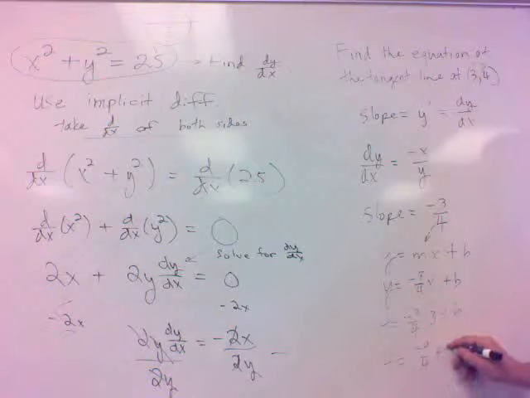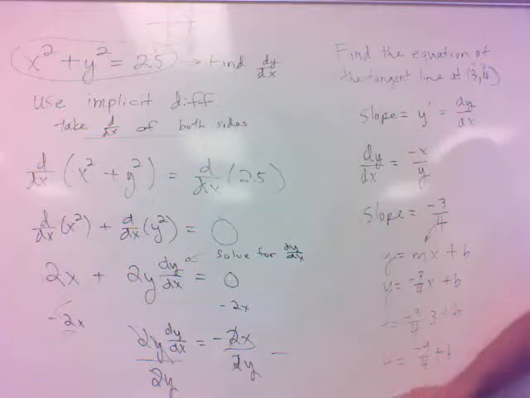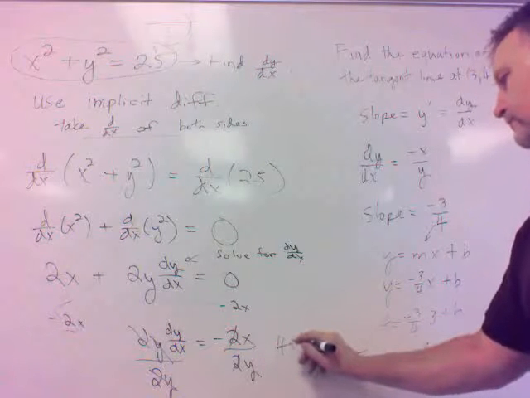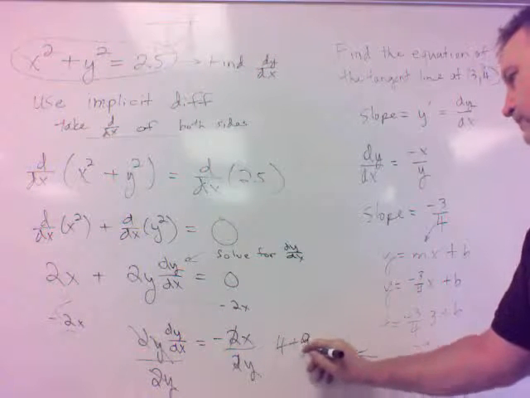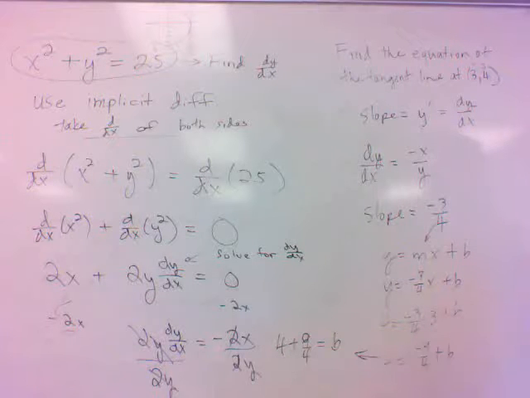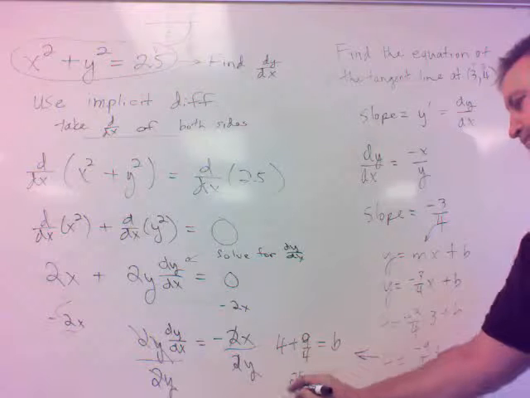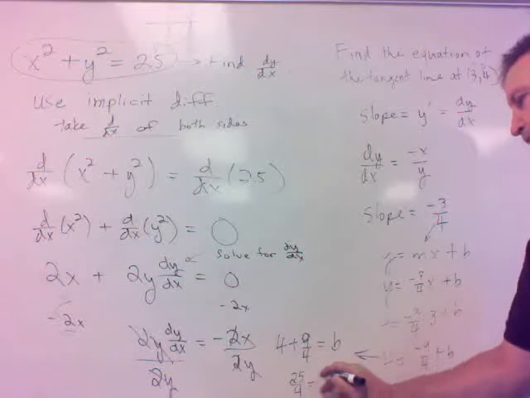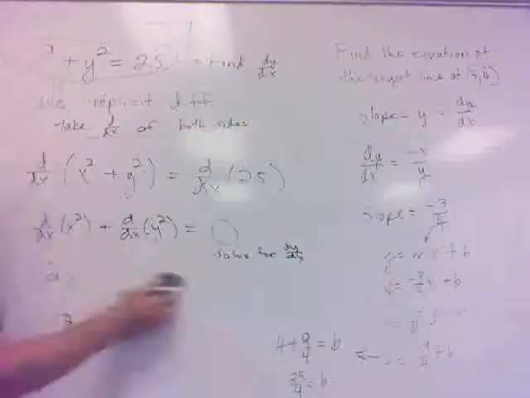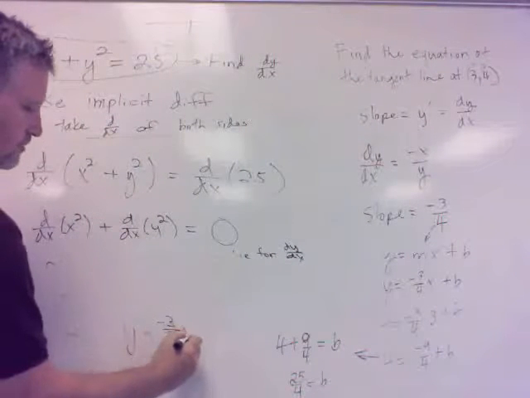It's negative 9/4 over here, so add the 9/4. Let's see, what is that? 4 is 16/4 plus 9/4, b is 25/4. And so my equation would be y equals negative 3/4 x plus 25/4.